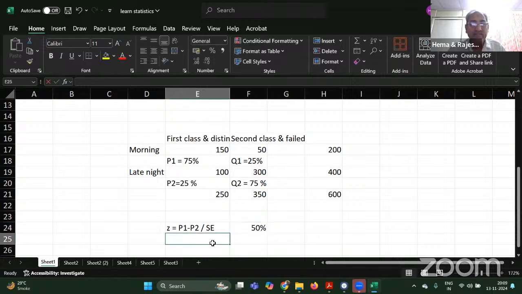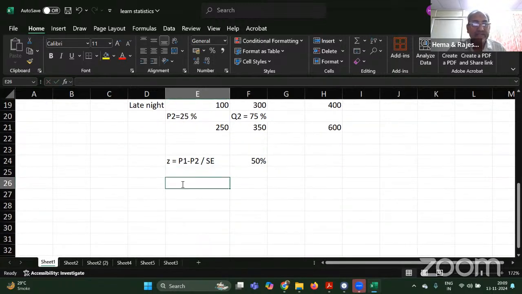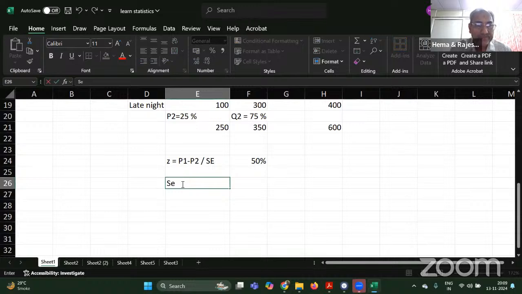But then for standard error, the formula is, because I know that standard error of proportion is equal to PQ upon root n.